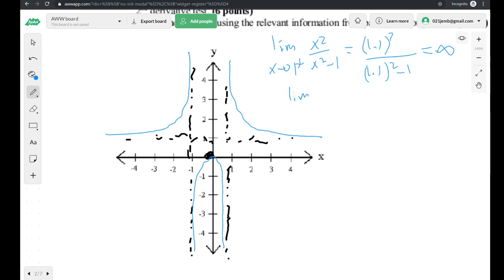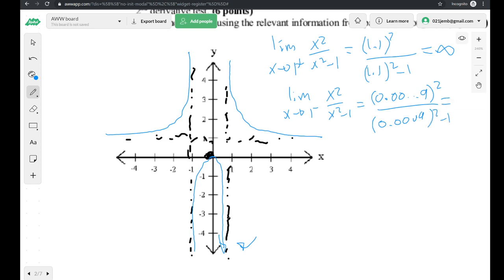Now we can take the limit as x goes to 1 from the left to see if it's actually negative infinity over here, because that is approaching negative infinity. So that's going to be x squared over x squared minus 1. And suppose we take 0.9999 squared, divided by 0.9999 squared minus 1.